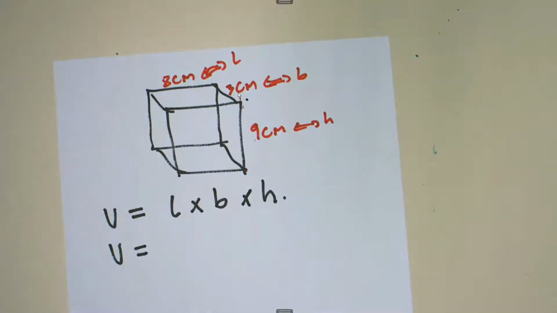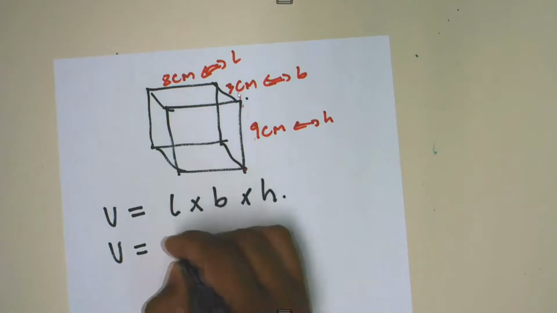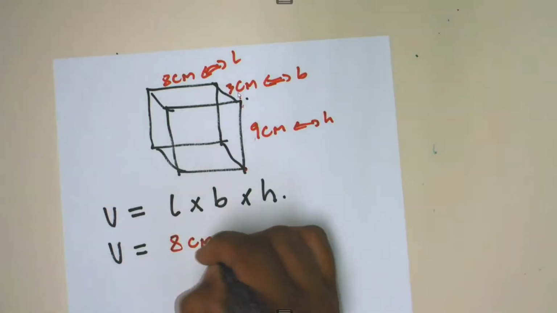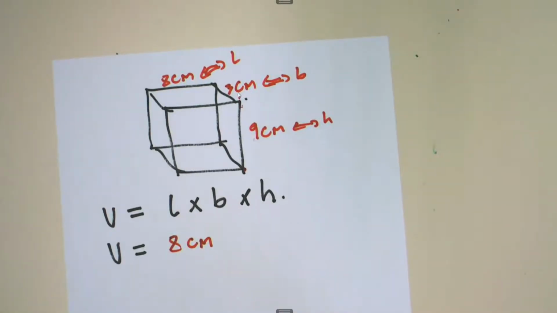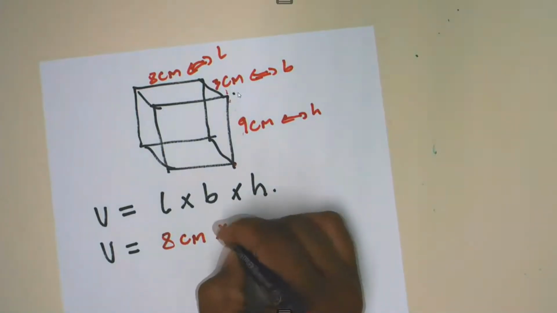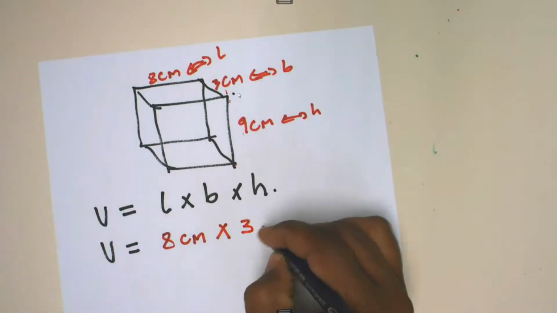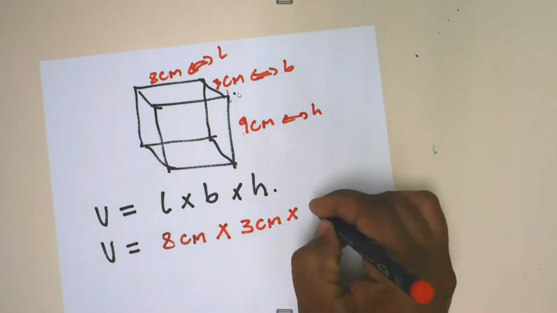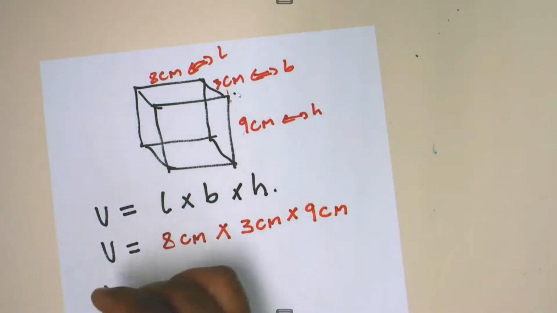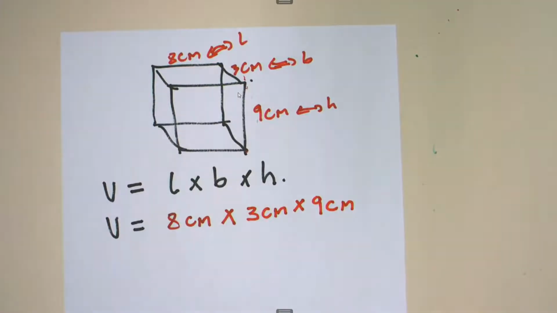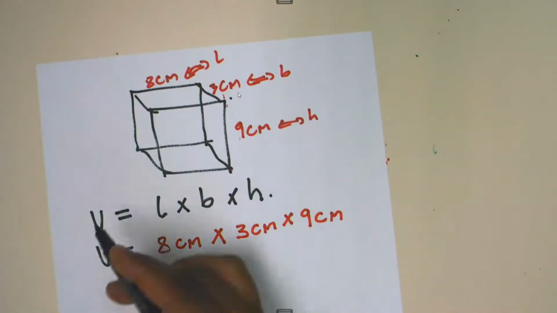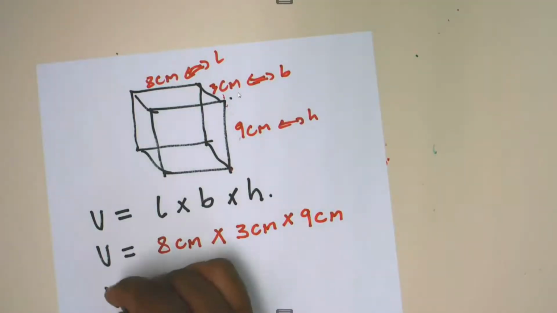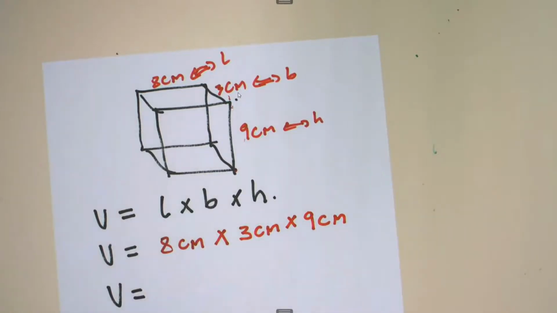Now let us substitute. What is the length? It is 8 centimeters. Never forget to put the units of measurement. Multiply by the breadth, 3 centimeters, and then we multiply it by the height of 9 centimeters. And our answer, we have seen that it is measured in cubic centimeters.